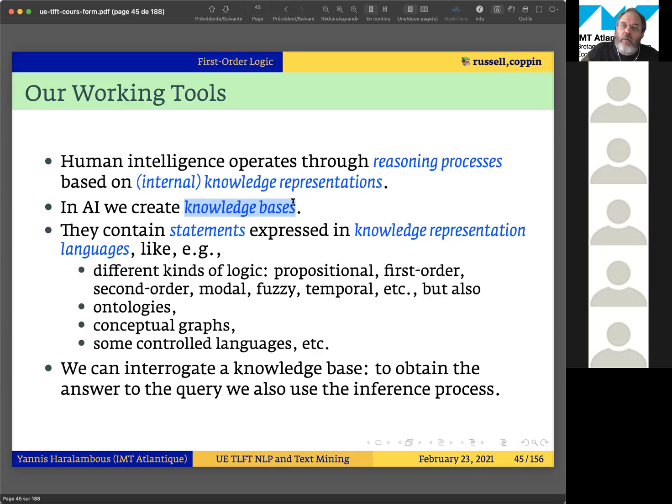When you query a knowledge base, through reasoning, you will get information and knowledge which is not explicitly in the data, in the knowledge base. You will get knowledge and information obtained through the reasoning process.